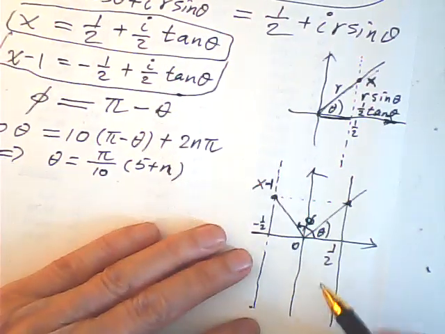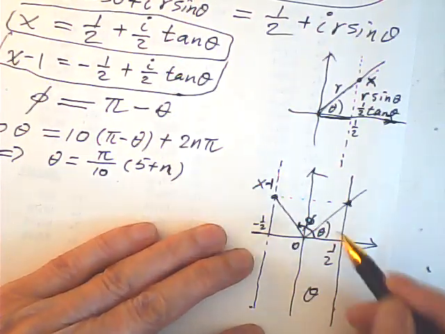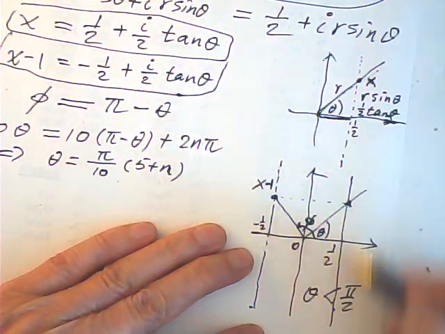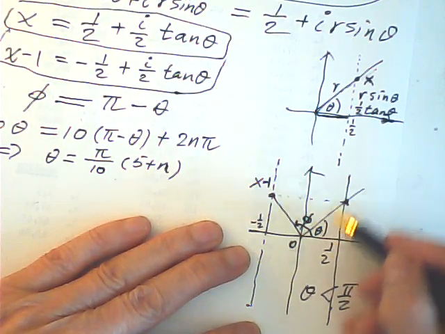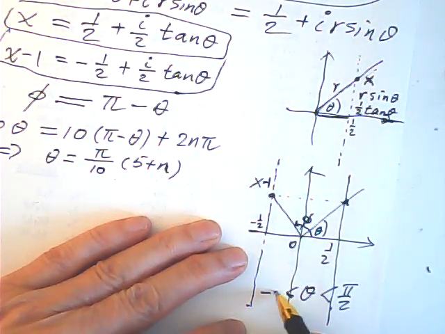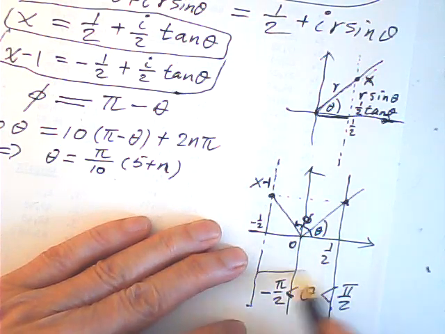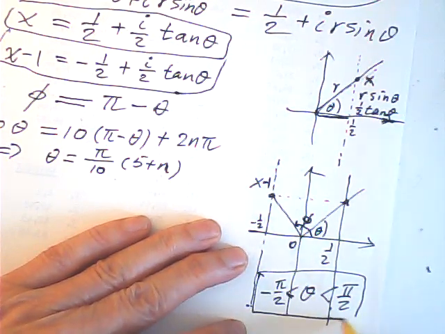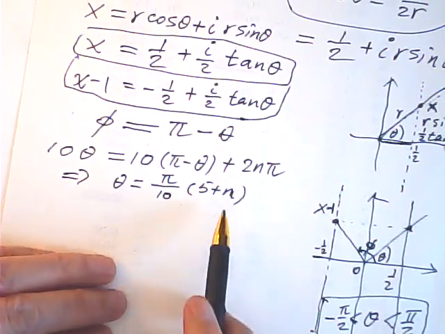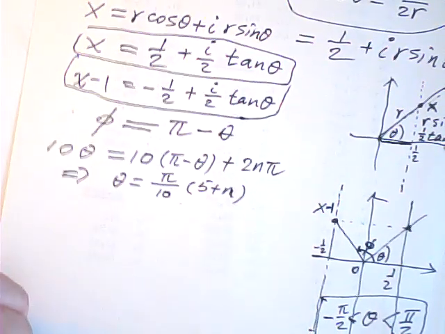But theta cannot be more than half pi, because the point must be on this line. It cannot be less than negative half pi. That is the condition for theta. So we choose n to find theta.